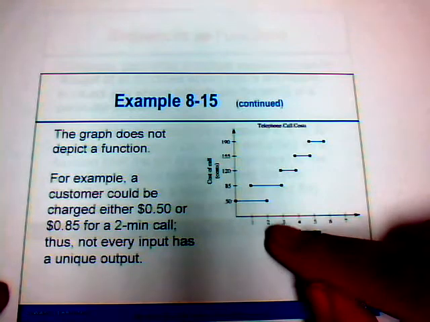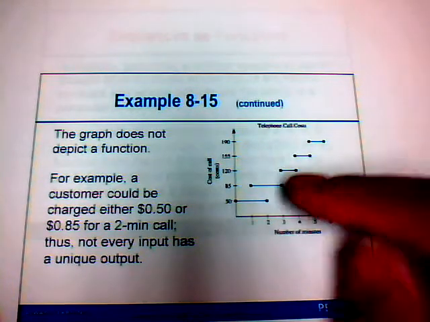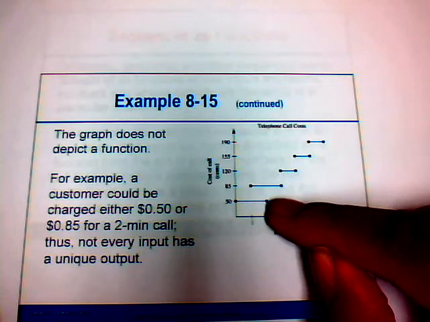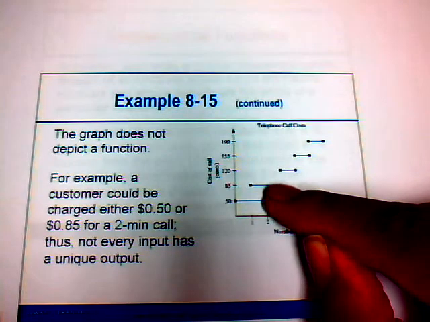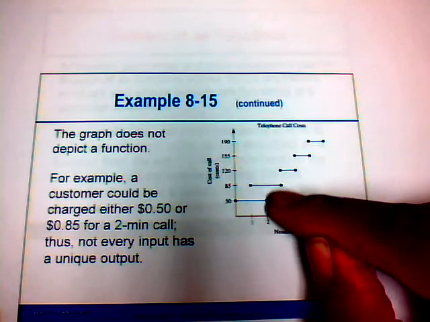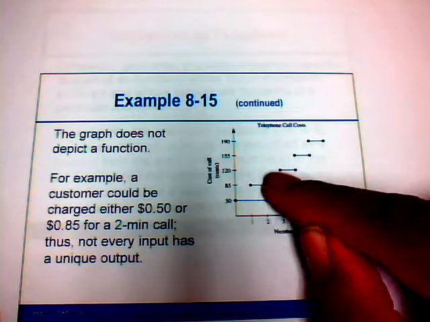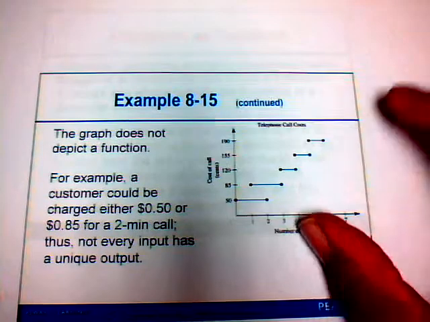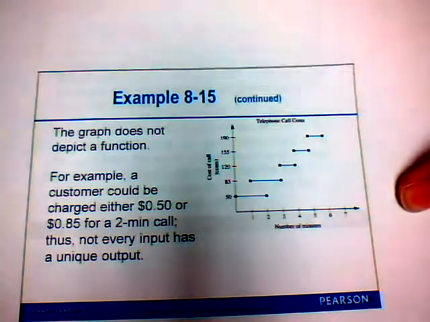Here's 2 minutes right here. That's the number of minutes. Here, he could be charged either 50 cents or 85 cents. So, not every input has a unique output. So, this would not represent a function.